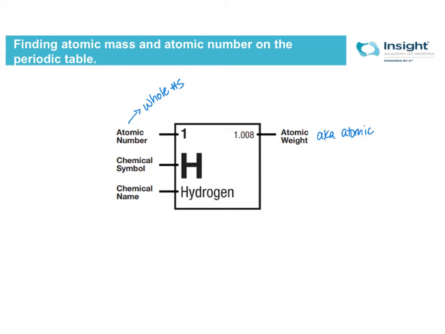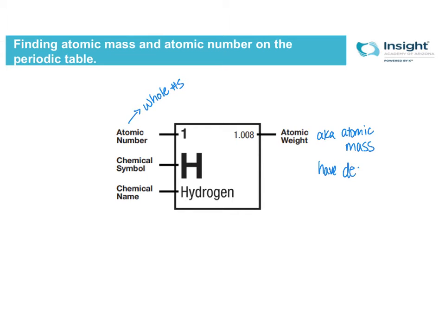There are some exceptions, like if you look at Copernicium, or really a lot of those in that bottom row. These tend to be the man-made ones, but these are generally going to have decimals.